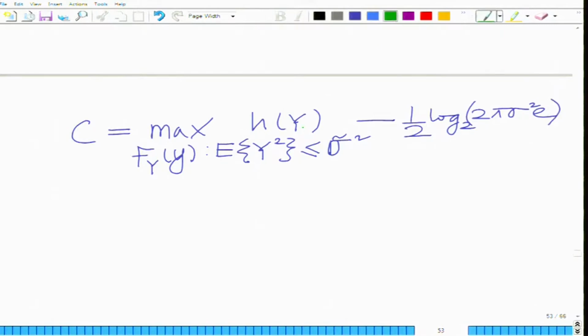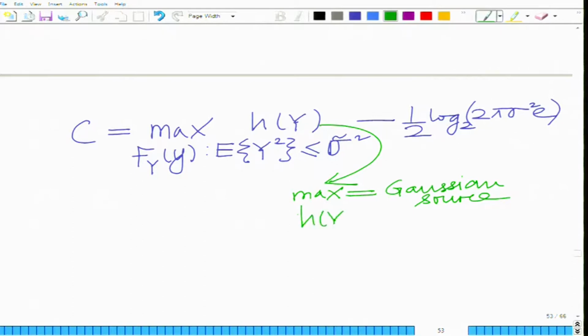We now know what maximizes this: the maximum occurs for the Gaussian source, and max h(Y) is basically half log to the base 2 of 2 pi sigma tilde square e.